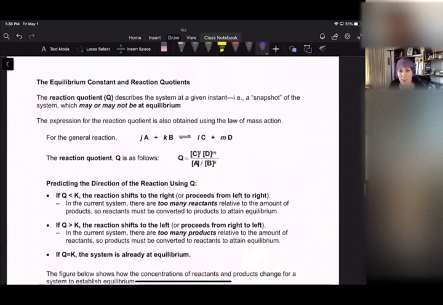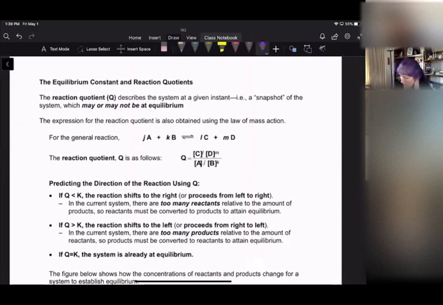All right, so in the next section, we can take a look at the same expression. We can evaluate that equilibrium expression for non-equilibrium conditions and compare the value to the value of K. So we know that K is the constant when it's at equilibrium. If it's not at equilibrium, we're going to call it a Q because it's just the quotient.